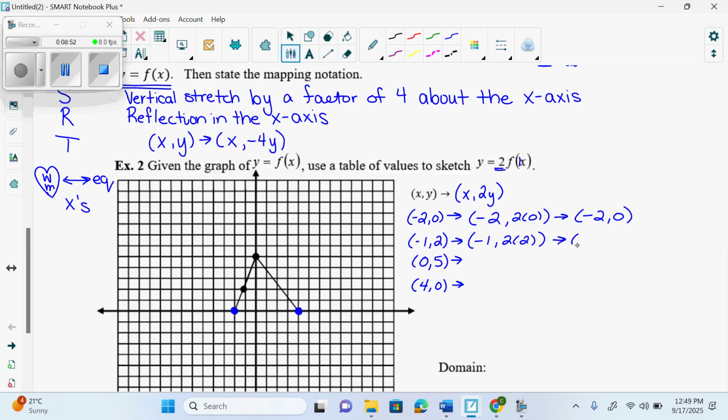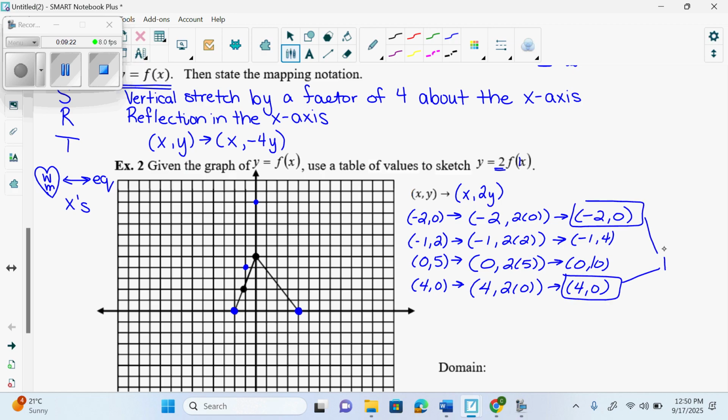So it's going to be -1 and 4. And then 0, 5 is going to be 0 and 2 times 5. So 0, 10. And then that one stays. So I'm going to put this and go like this and write.